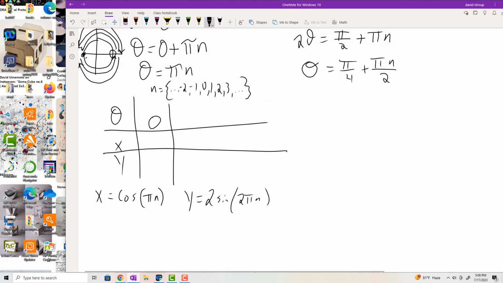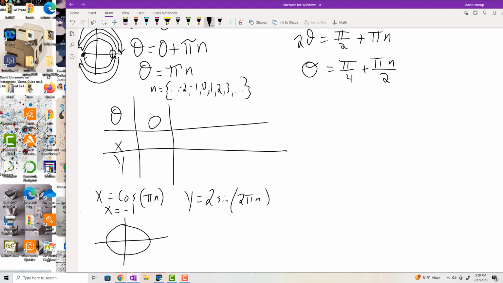Anyways, think about the unit circle. For cosine of pi n, it's going to be negative when n is odd, right? So when n is 1 or 3, x is going to be -1, right?